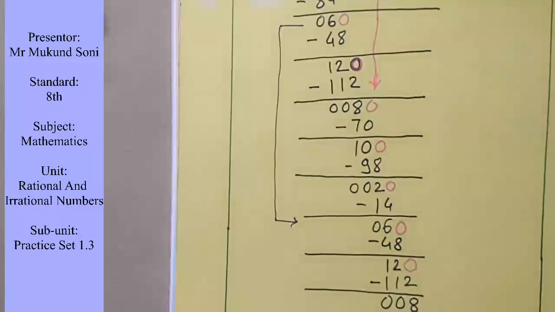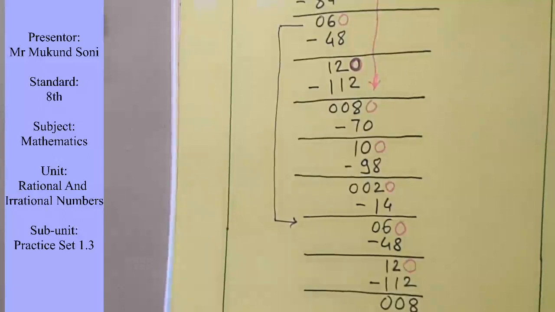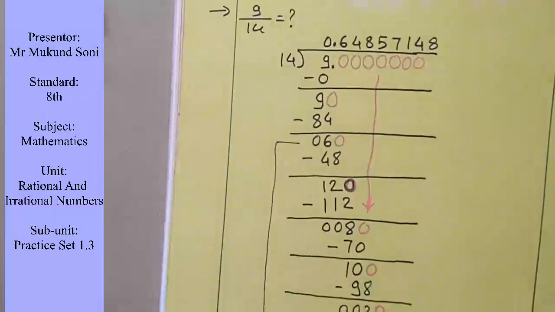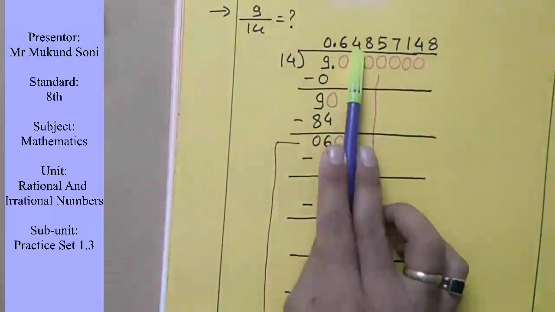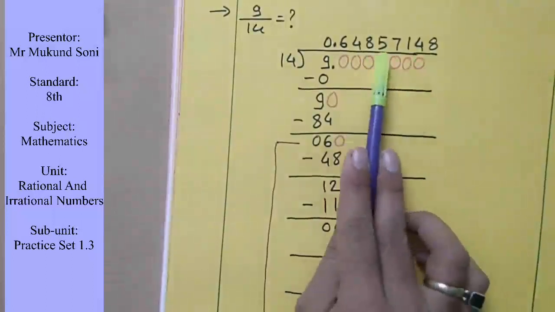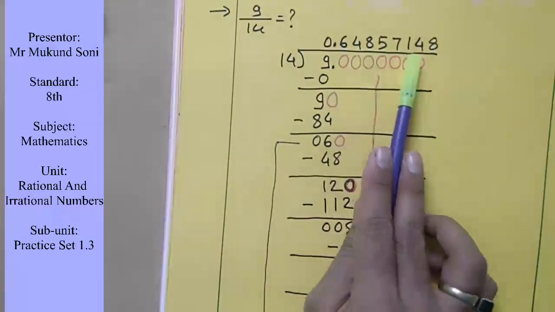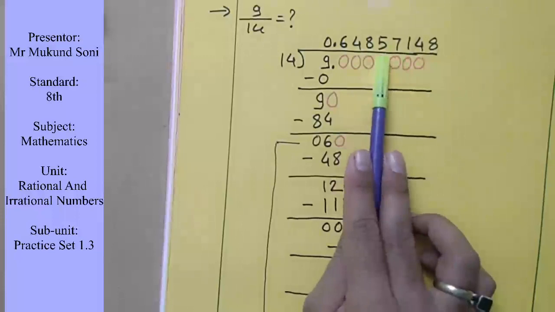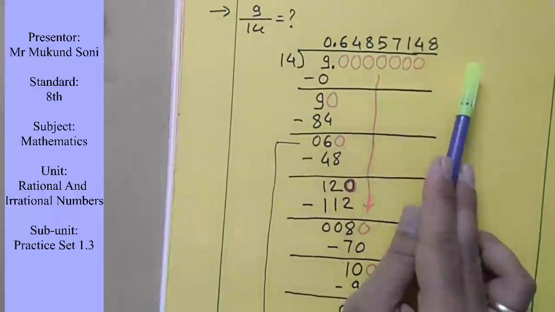That is your recurring pattern in the subtraction of a division. And that is also visible in your quotient. If you look at the quotient, this 4 is appearing here again, that 8 is appearing here again. So the next number will definitely be, as you all suspected, the same.